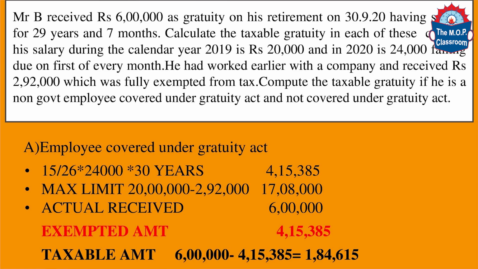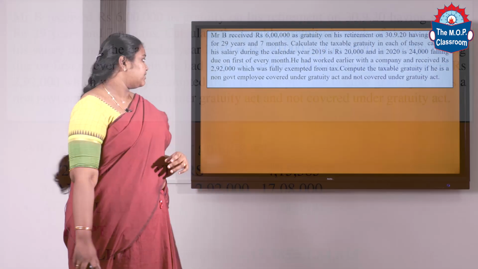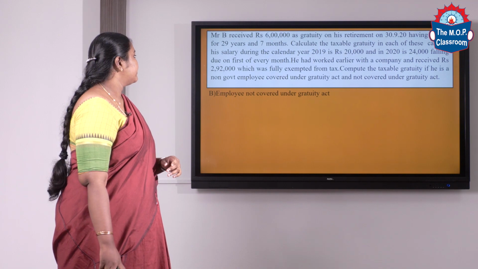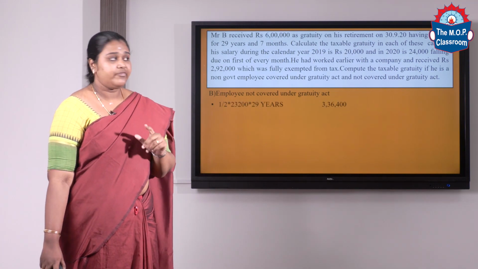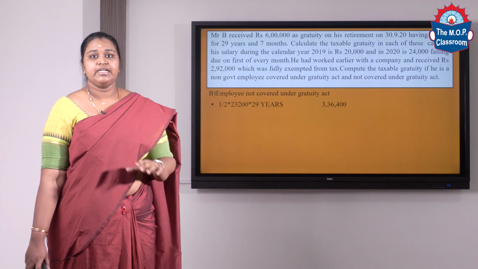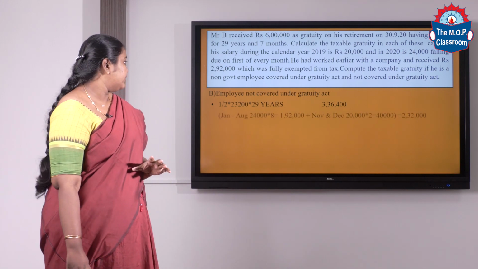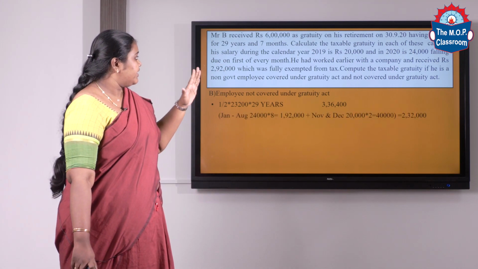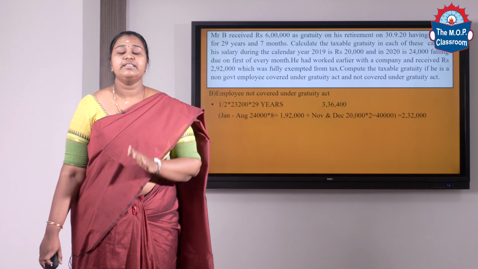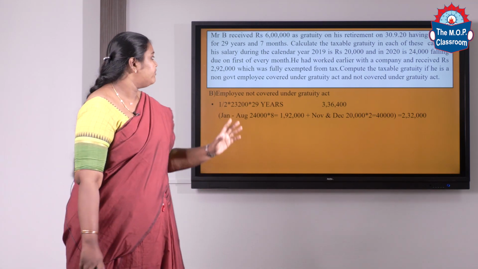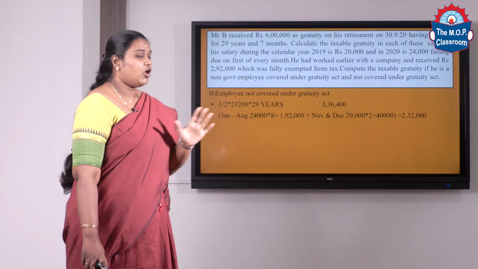Moving on to the next case. The next case will be if the non-government employee is not covered under the Gratuity Act. Provision number 1: half into average salary. Now, the average salary calculation will be, since the retiring month is September, the 10 preceding months will be from November till August.